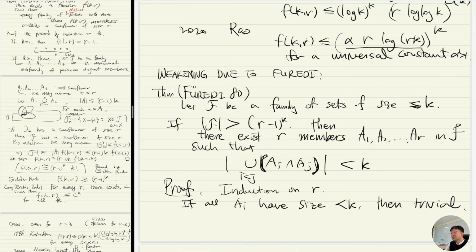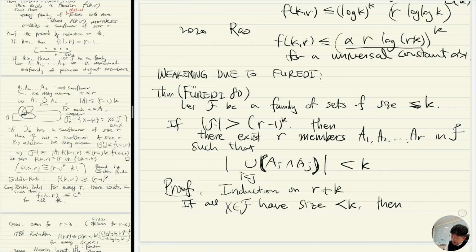What I meant is, if all x in F have size at most k, then it's trivial because the intersections... well, why is it trivial? Okay, let's do the induction on r plus k.